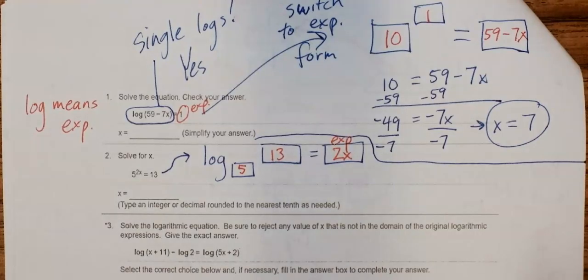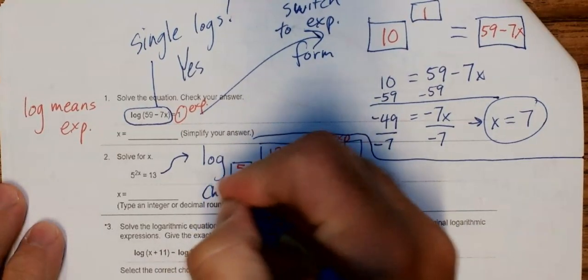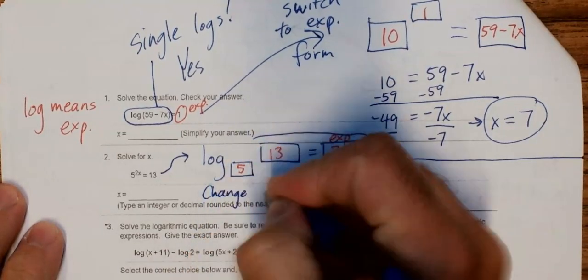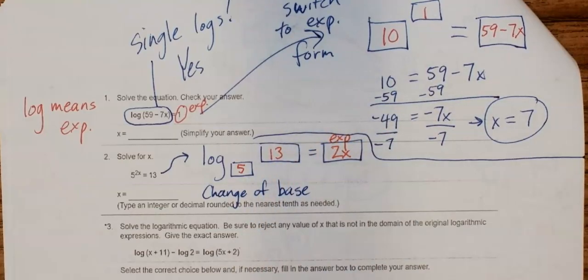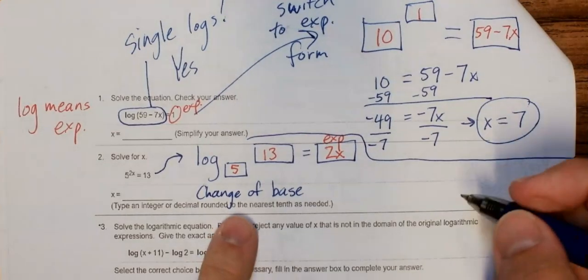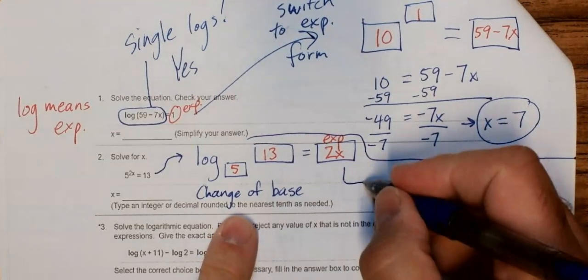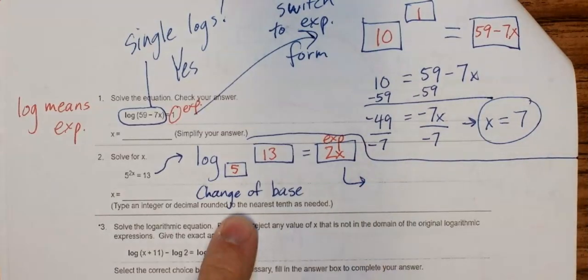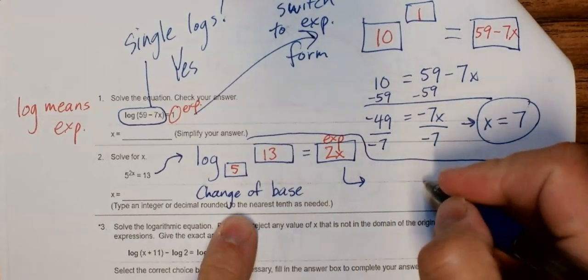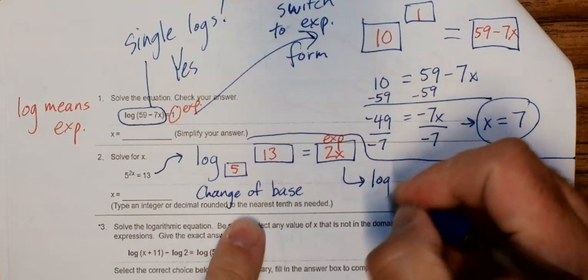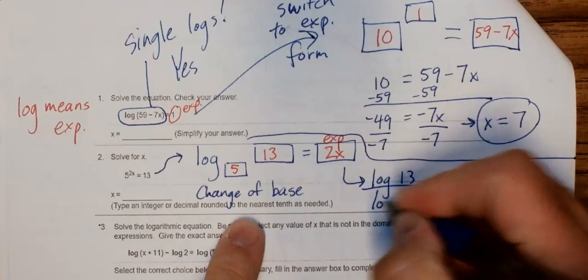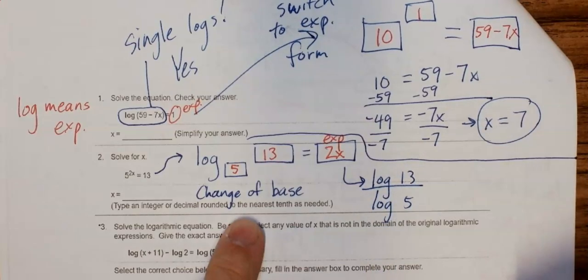So now that we have it in its exponential form, we have to use the change of base theorem. So that would be log of the argument over log of the old base.